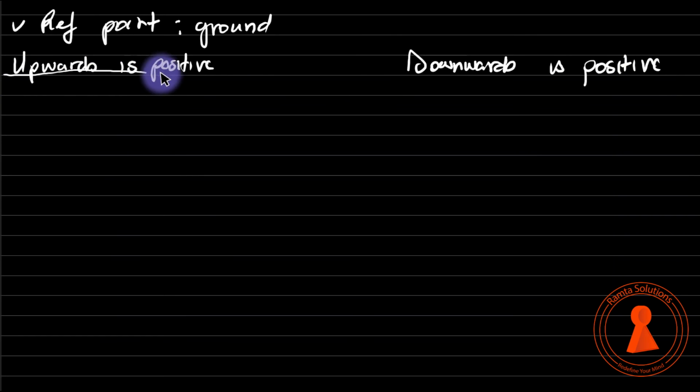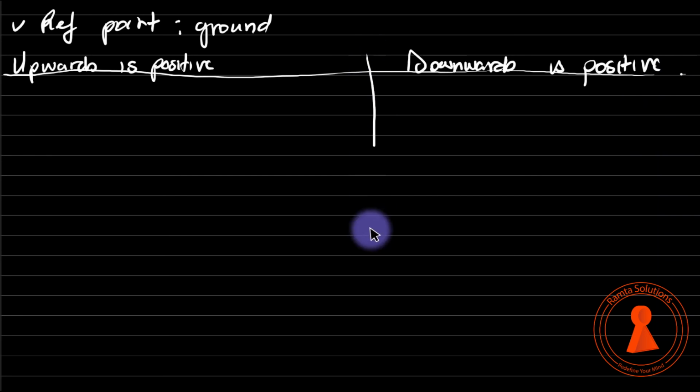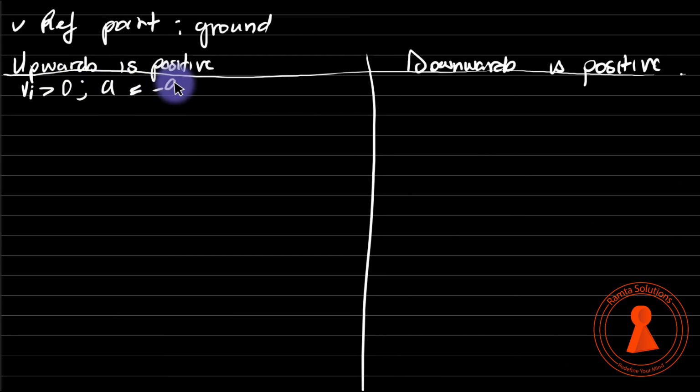So we have it. Okay, so like we said, initial velocity will be greater than 0. A will be negative 9.8, and then here we will be saying initial velocity will be less than 0. A will be positive 9.8.